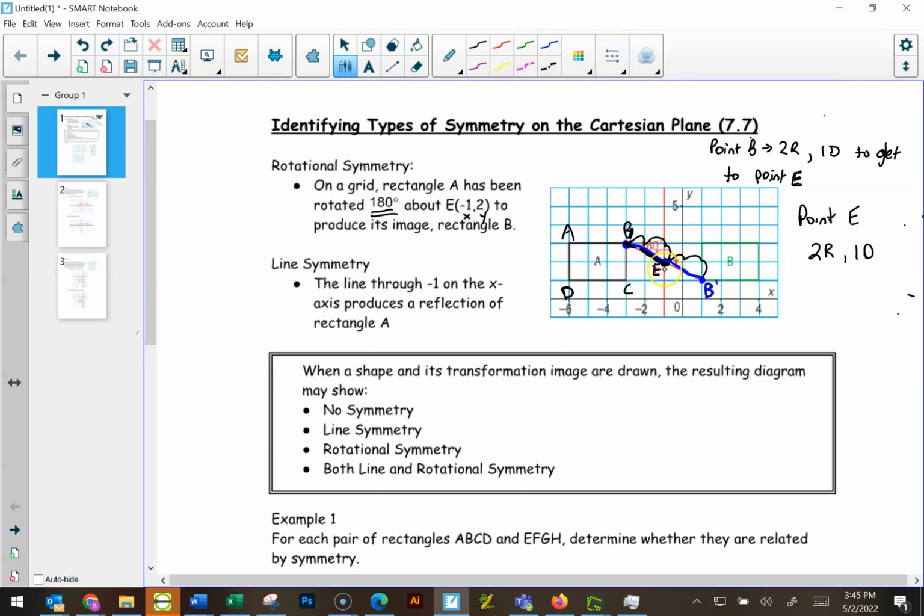Okay, how do we get C to E? Now we could draw a straight line to E and then just continue that straight line, and we're pretty sure where that's going to end up. That's going to end up right there. But let's also try bouncing from point C to point E and see what happens.